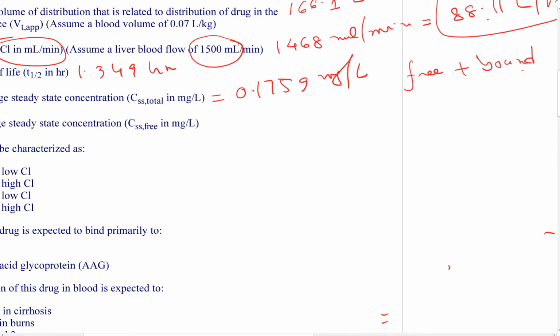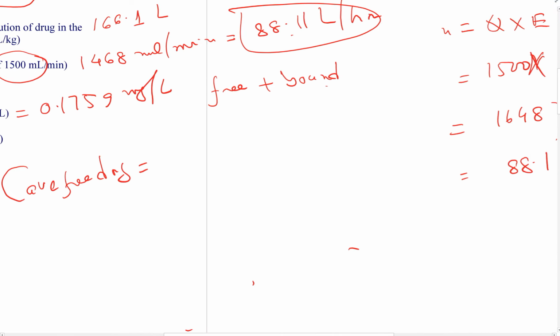You know that C average free drug is going to be C average total times FUB.